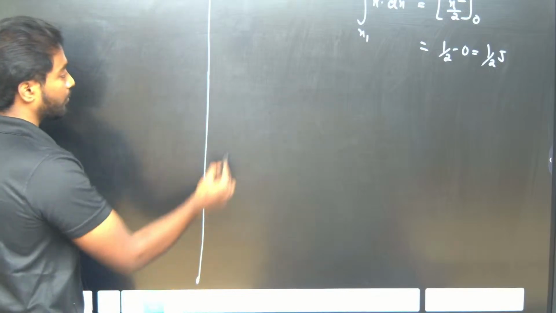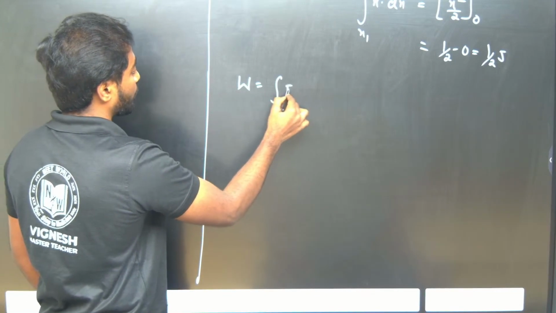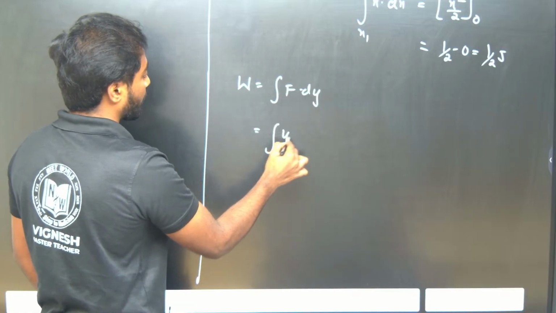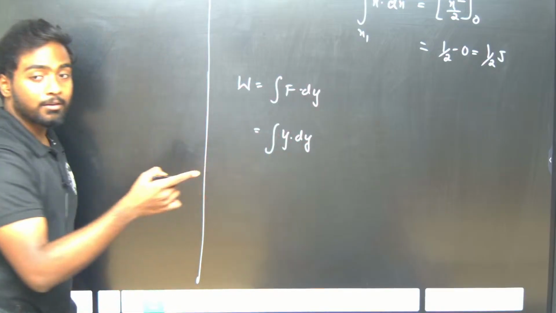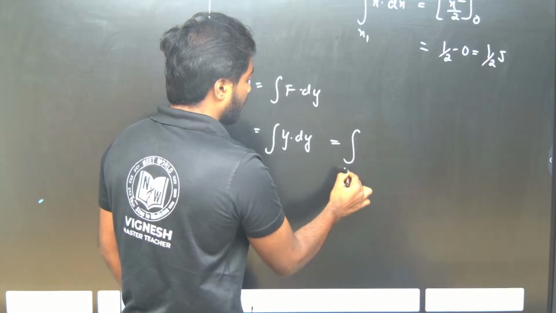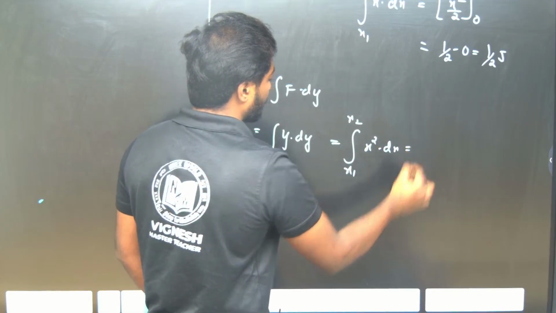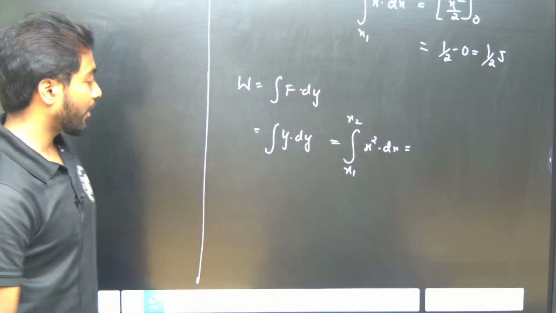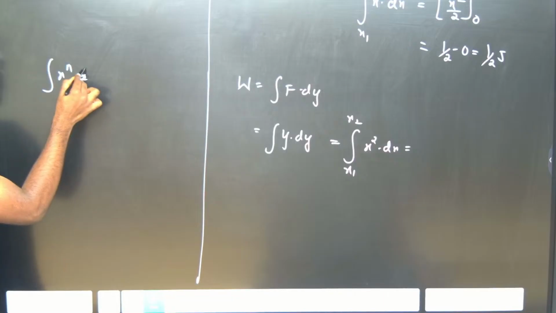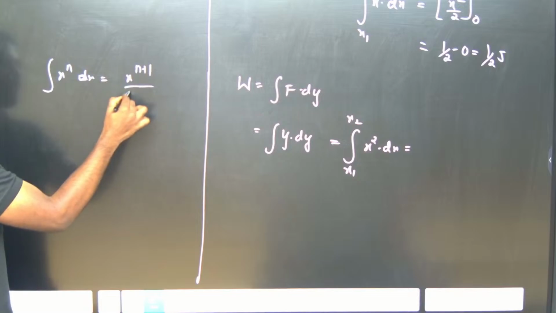Work done is equal to the integral of f dot dy, which is nothing but the integral of y dot dy. So what is y in terms of x? x square, I should take it. So it is x1 to x2 of x square dx. How can I integrate x square? The integral of x power n with respect to dx is x power n plus 1 by n plus 1.